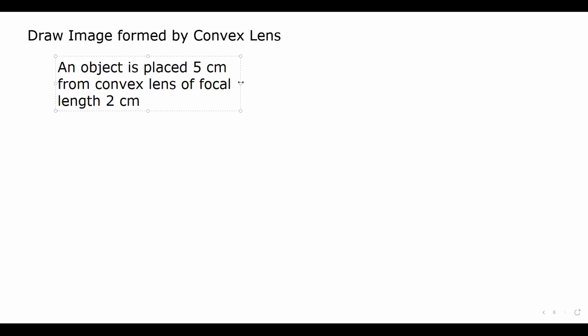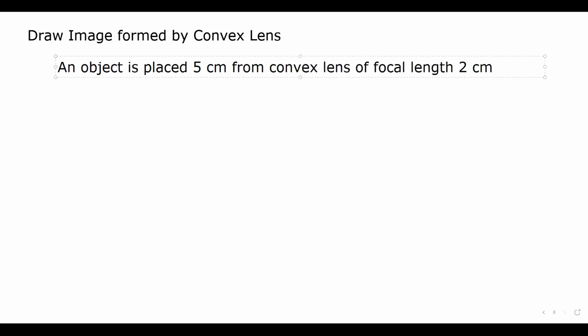So the focal length is 2 centimeter and the object is placed 5 centimeter away. Now I want everyone to draw with me, at the same time, so you will understand this question easily.